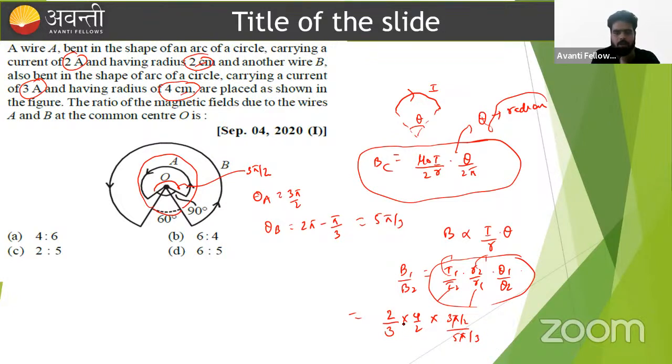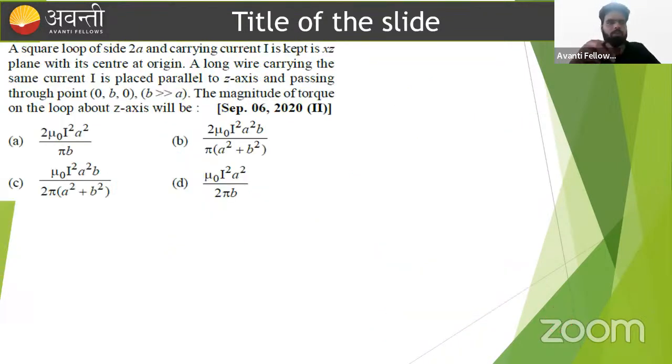If we solve this, it becomes 2 into 4 into 3 and 3 divided over 3 into 2 into 5, and after solving it we get the answer as 6 ratio 5. So this is the application of the concept I taught today. Okay, let's move to the next problem.